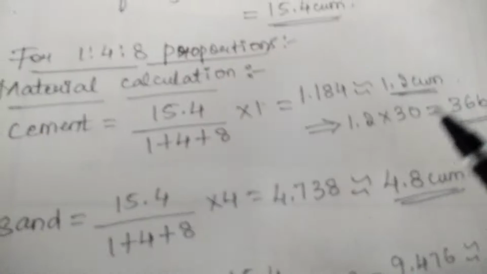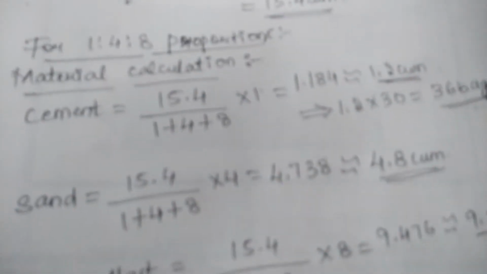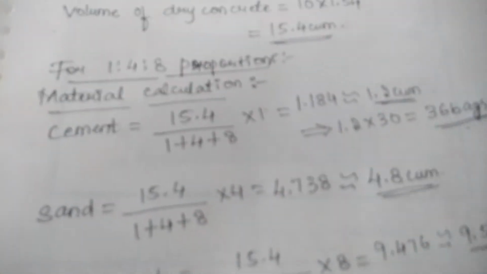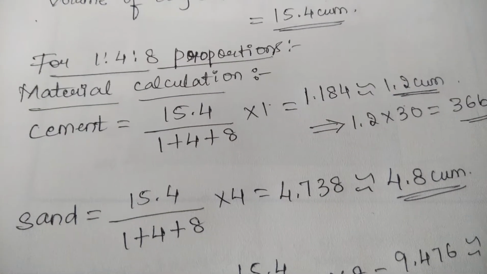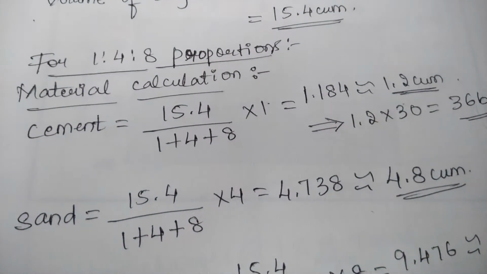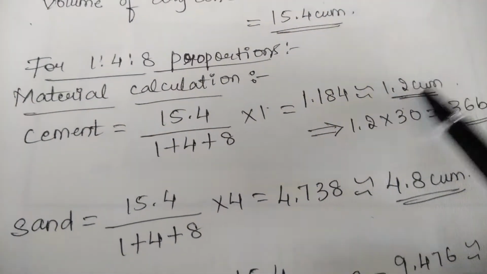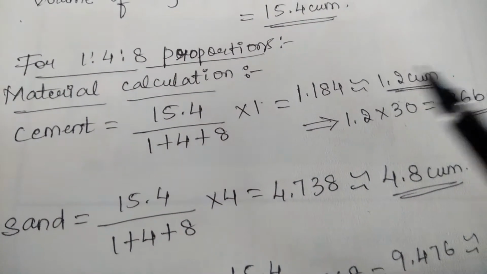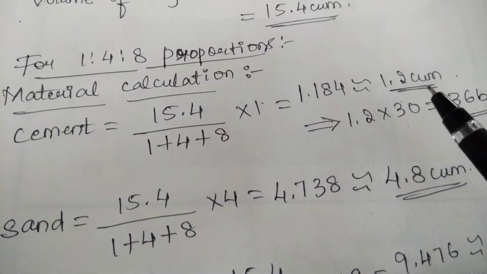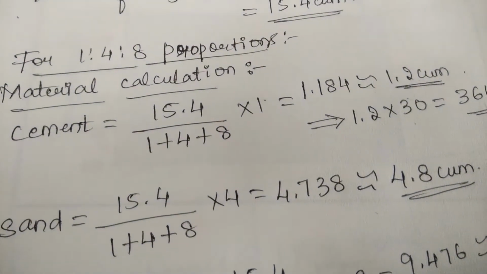But for 1 meter cube, it requires 30 bags of cement. Then how many bags of cement will be required for 1.2 meter cube? For that you have to multiply 1.2 with 30. I repeat, for 1 meter cube of volume it requires 30 bags of cement.